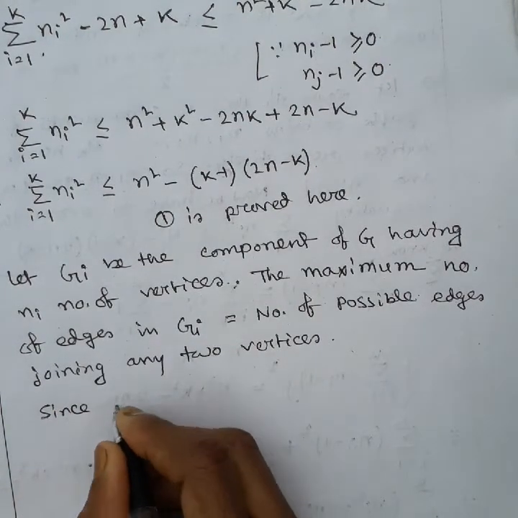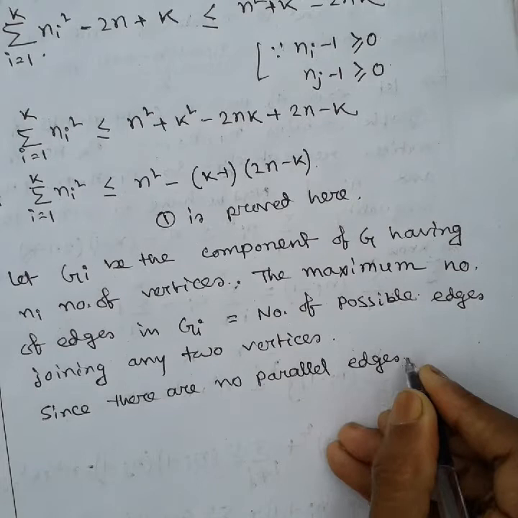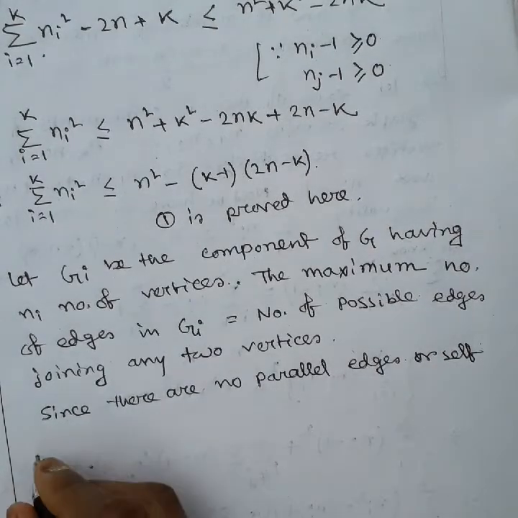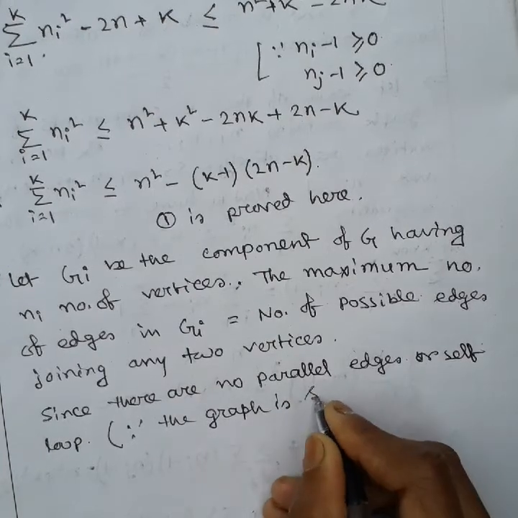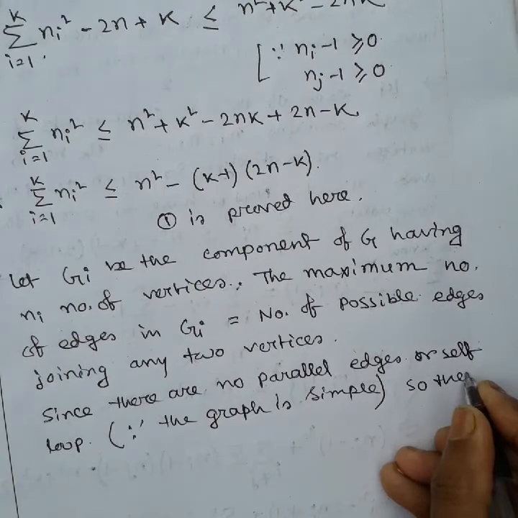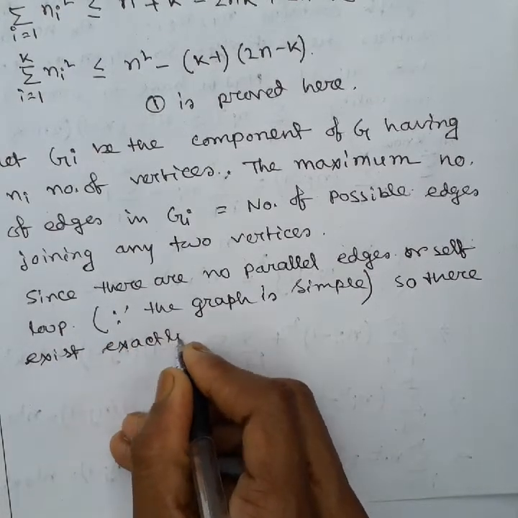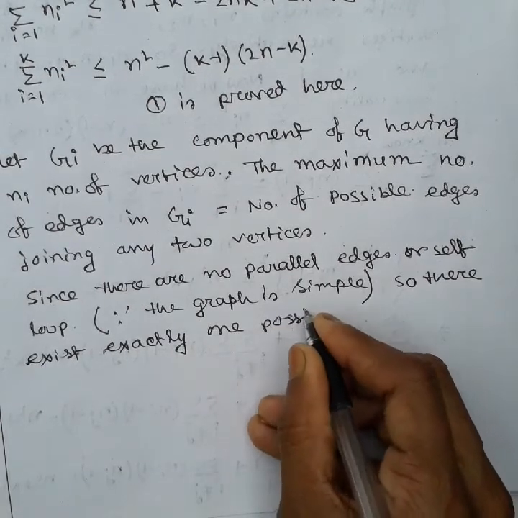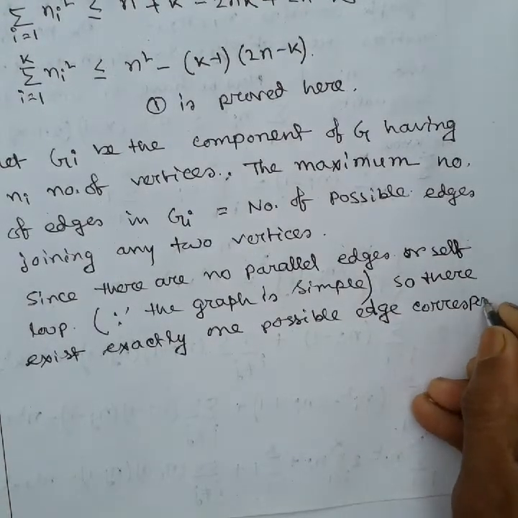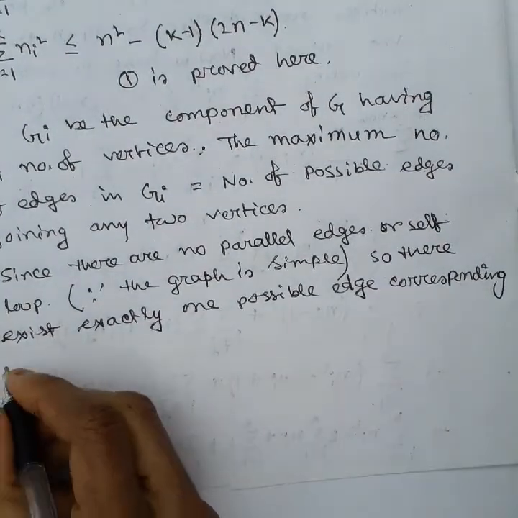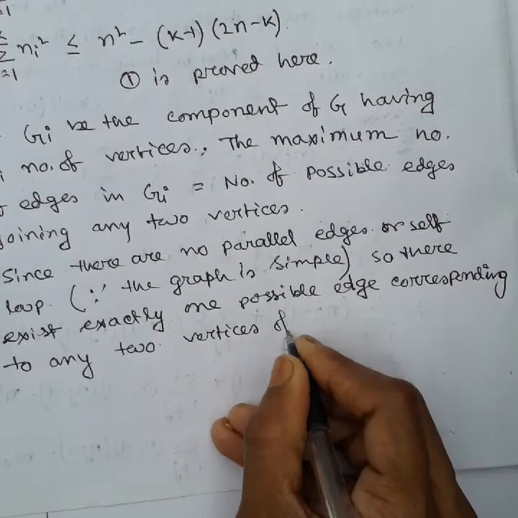since there are no parallel edges or self loops as the graph is simple, there exists exactly one possible edge corresponding to any two vertices of Gi.